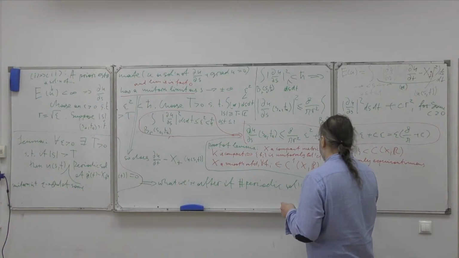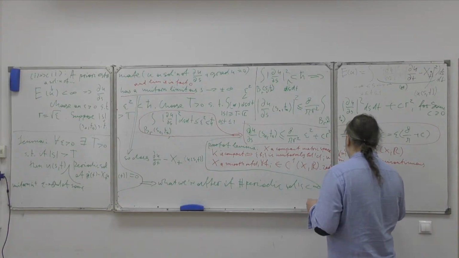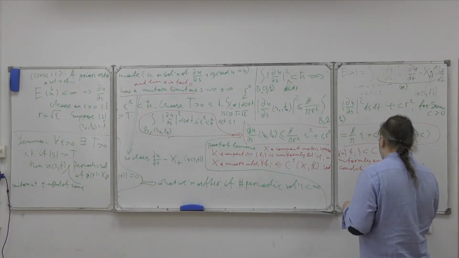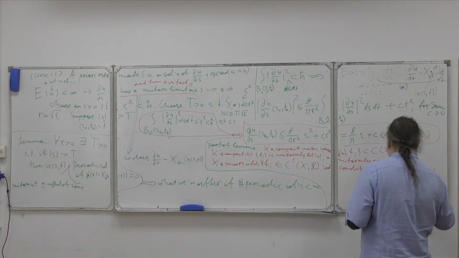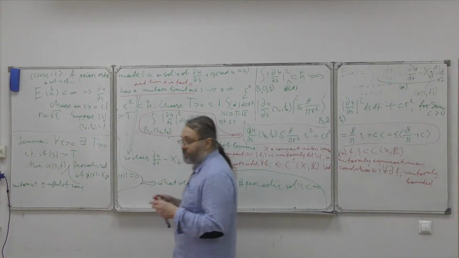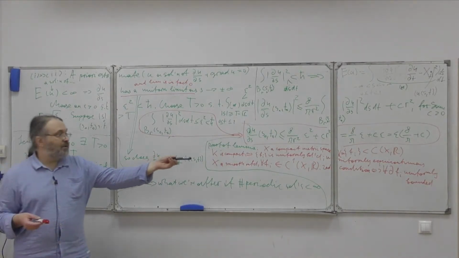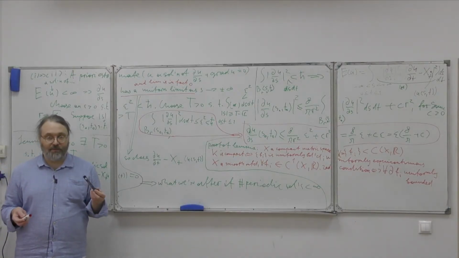Then the second condition is equivalent to requiring that the first derivatives of f_i should be uniformly bounded.